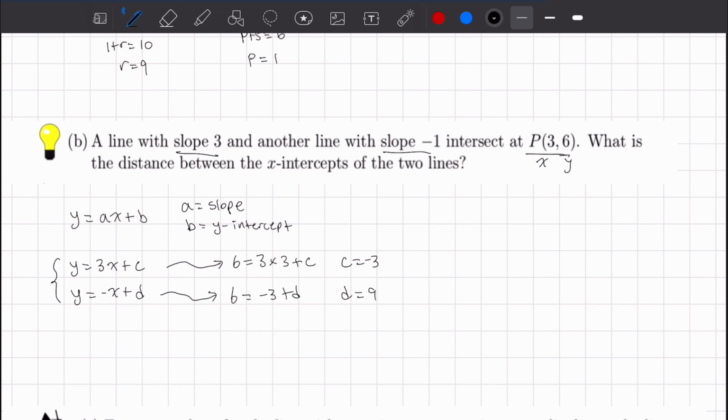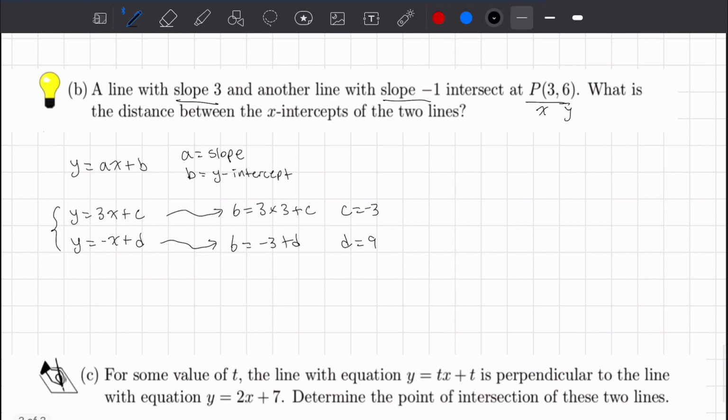So we found the completed equation for each line. Each line is y equals 3x minus 3, and y equals -x plus 9.